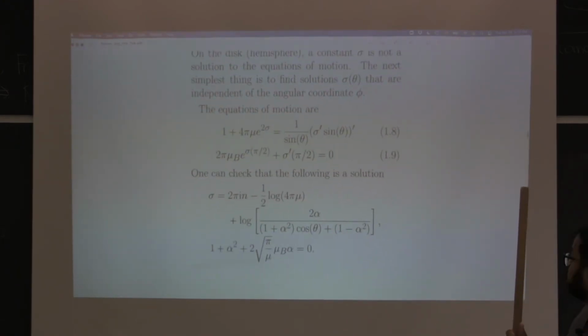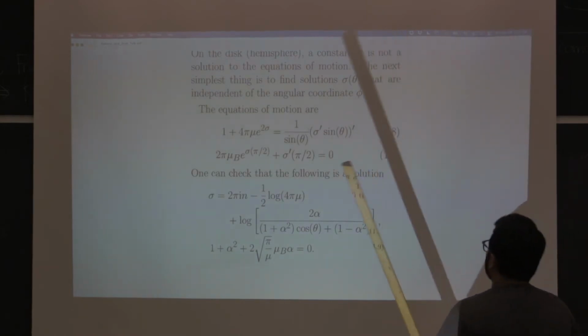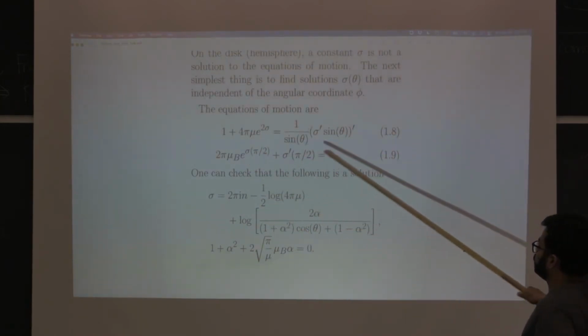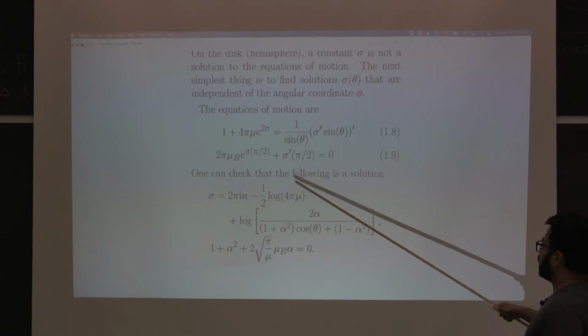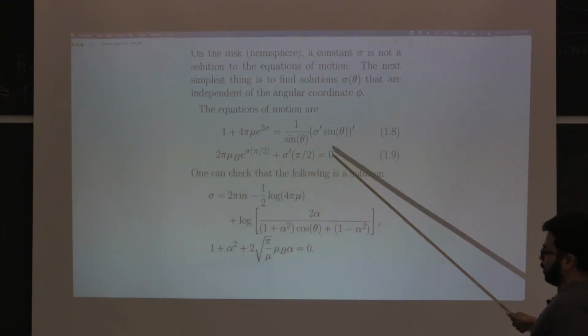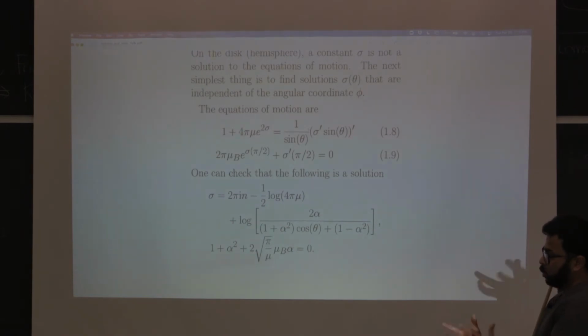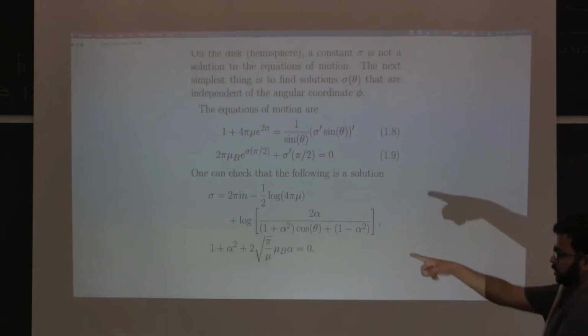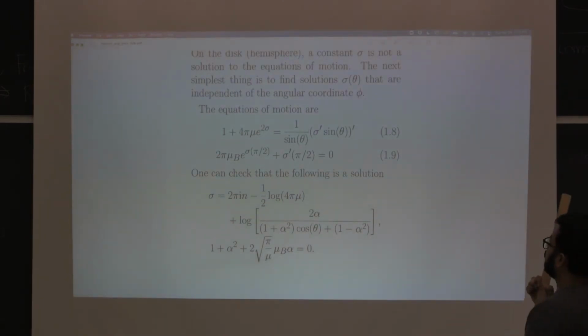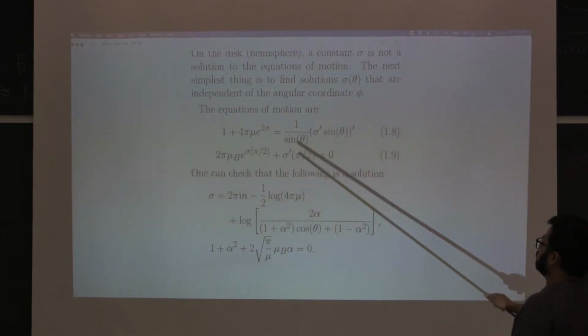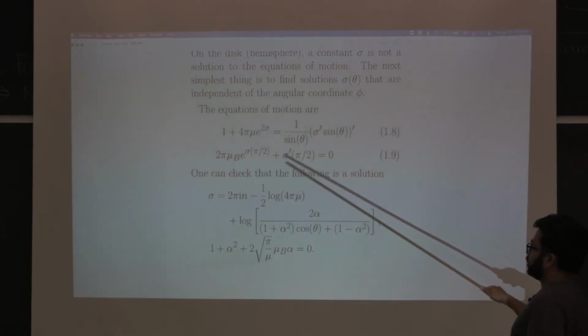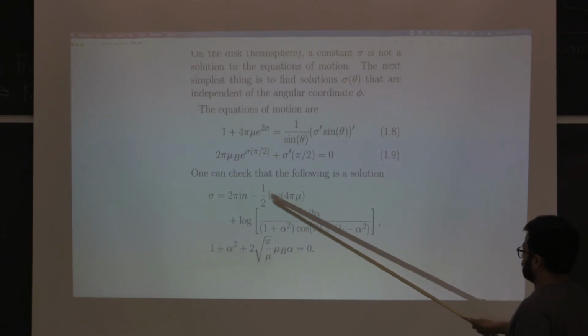But anyway, the process for the disk is the same. There are the equations of motion for the disk. Now sigma is no longer a constant. It depends on the latitude. When I say disk, we worked with the hemisphere metric, so just the northern hemisphere of the sphere. This is the equation of motion, this is the boundary condition, and here is some solution.